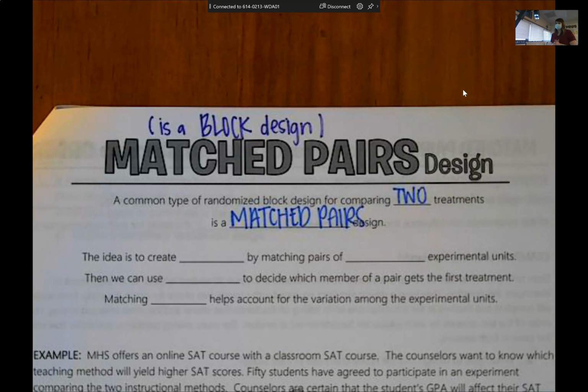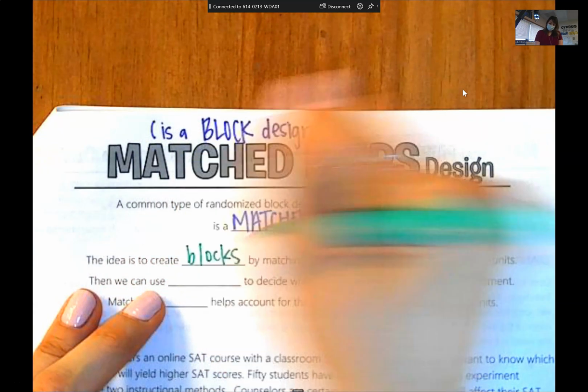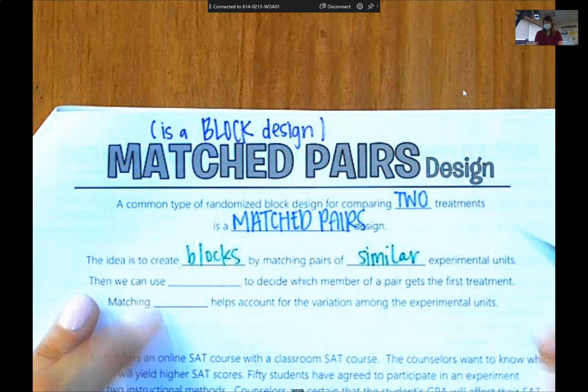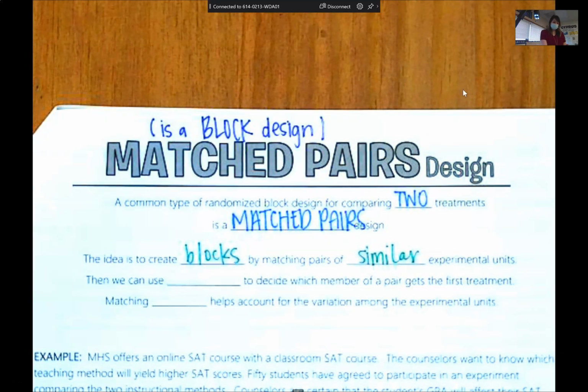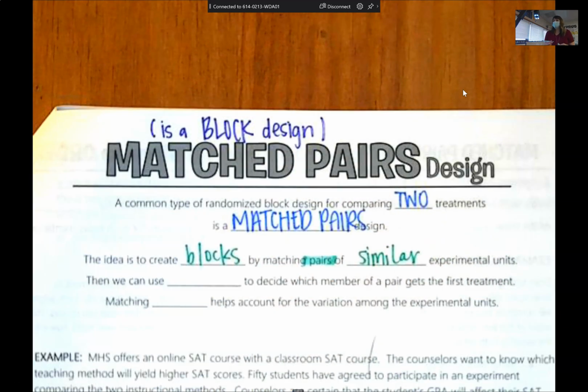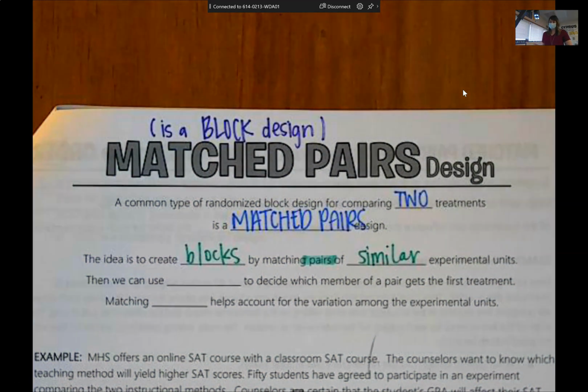The idea is to create blocks by matching pairs of similar experimental units. So we're literally talking about a pair, two people, two subjects, two things.